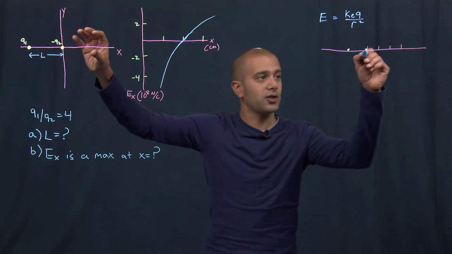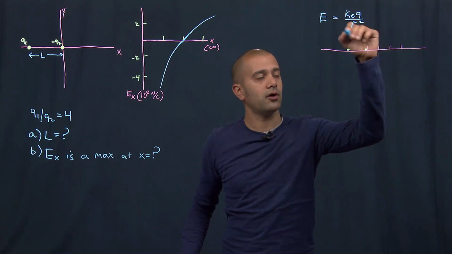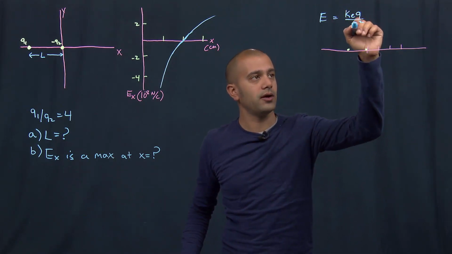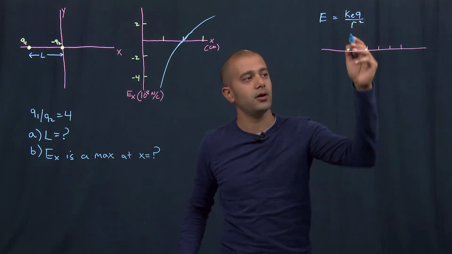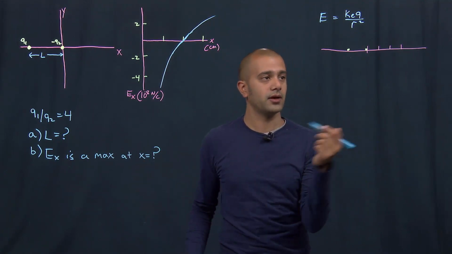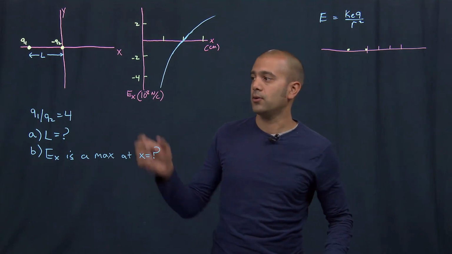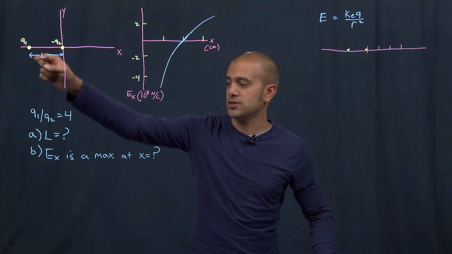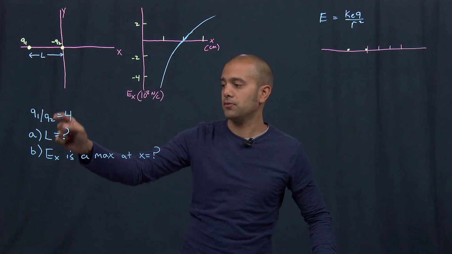Because we're very close to that charge over here, this 1 over r squared is going to be this quantity divided by a very, very small number. So it's going to be a very, very large quantity. In other words, it's going to have a very big field pointing in the negative x direction. Now for the positive charge, it actually has a larger charge because q1 over q2 equals 4.